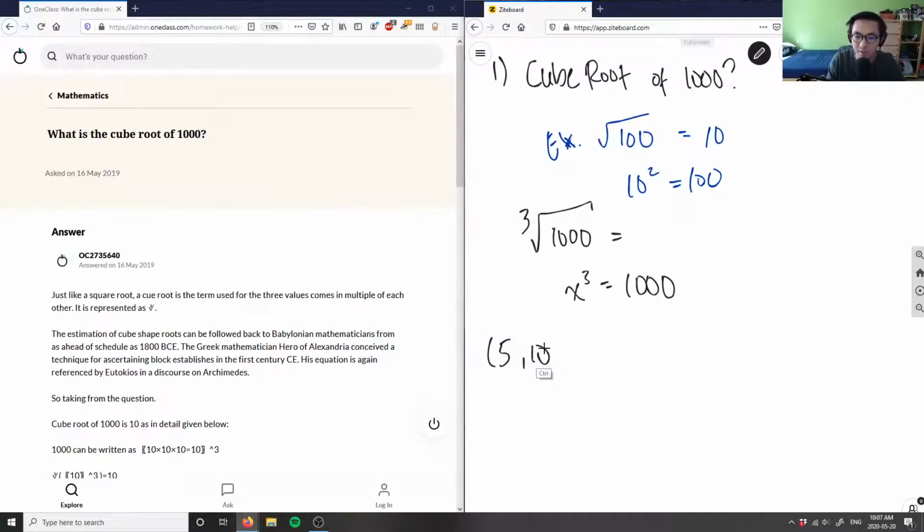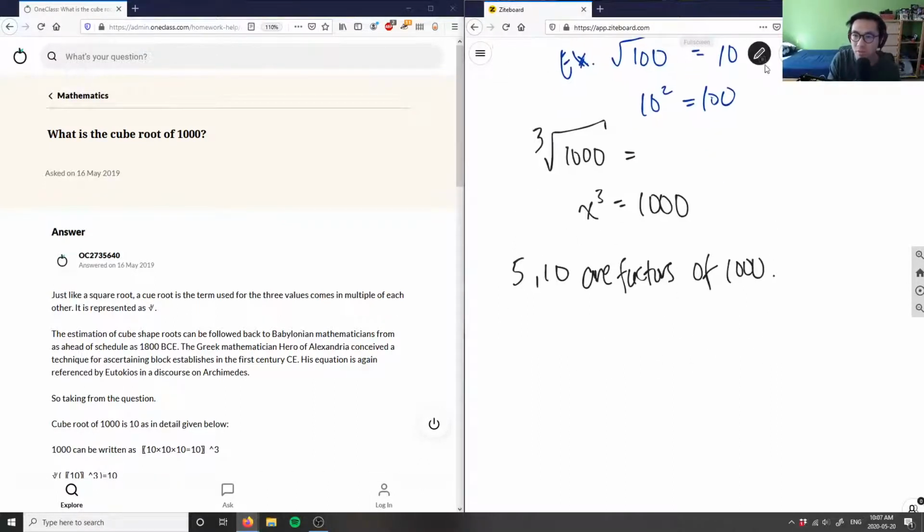We can cube those numbers and see if we get 1,000. So 5 and 10 are our factors of 1,000, and we're doing a trial and error method.